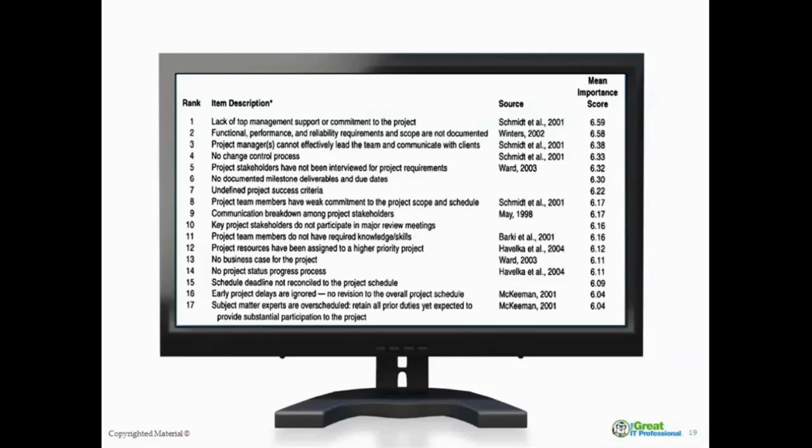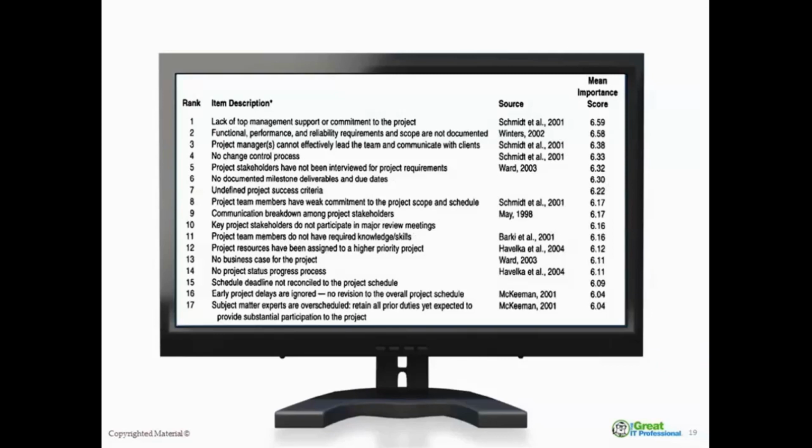This is a very, very compelling slide. Computer Aid, in association with the University of North Texas, undertook a study to evaluate the root cause of hundreds of project failures. And I ask you to look at the very top line here.